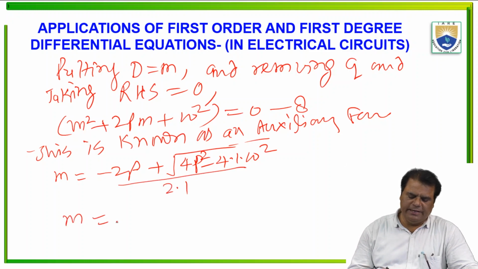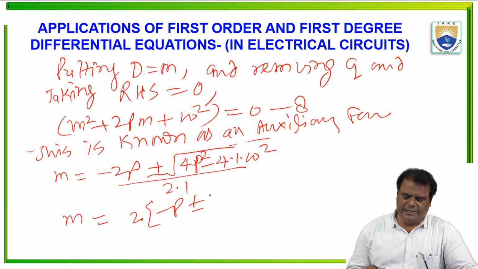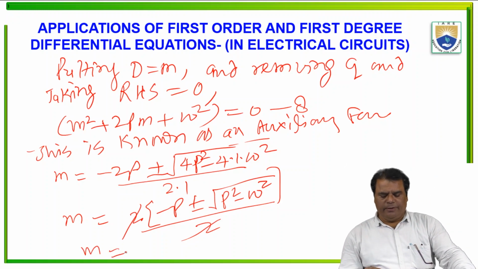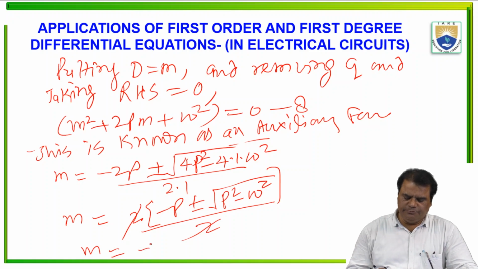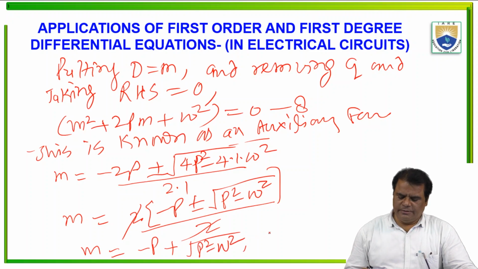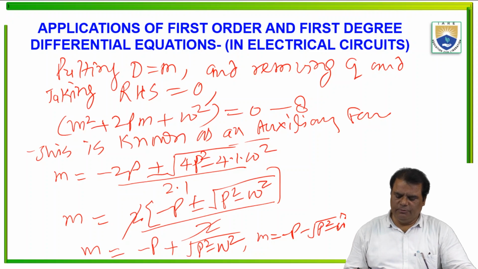So m equal to minus 2p, 2 is common, minus p plus minus under root p square minus w square, and 2 is cancelled. So the first root is m equal to minus p plus under root p square minus w square, and the next is m equal to minus p minus under root p square minus w square. So these are two roots.